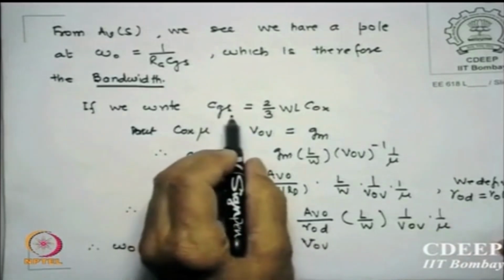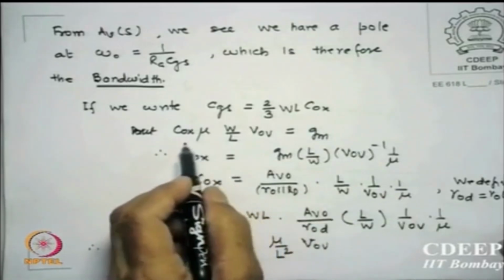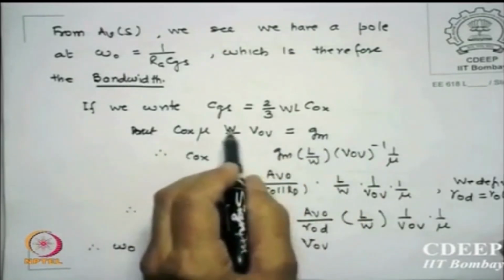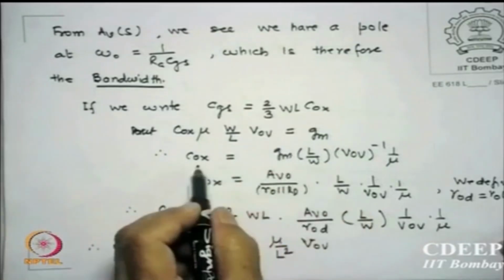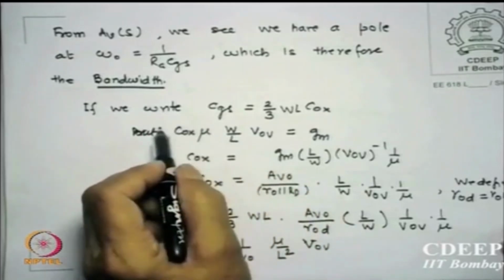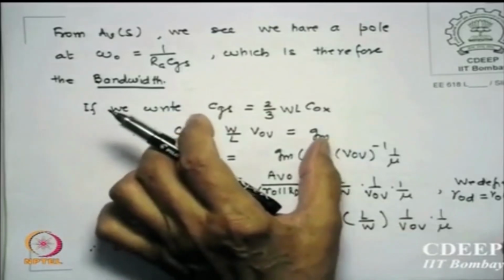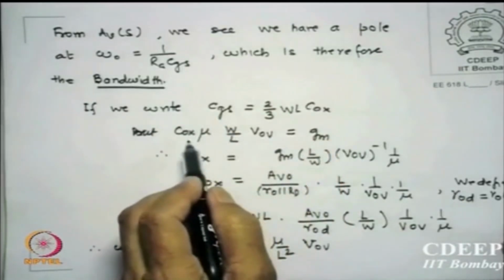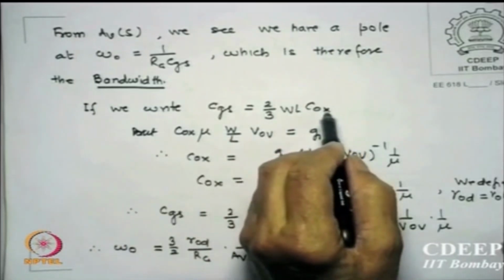If we now write CGS as 2/3 WL Cox, we also know GM is mu Cox W by L into VOV, we have derived this expression earlier. From this GM expression I get the Cox value and then I substitute in the CGS value. Is that point clear?